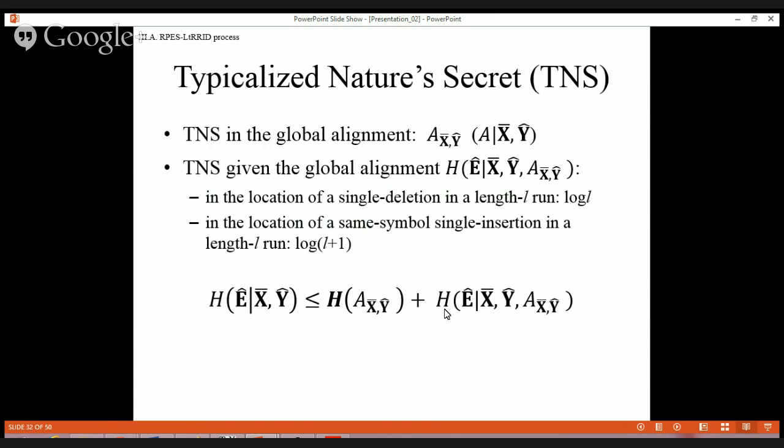The second term is H of E hat given X, Y hat and the alignment A. So with the help of A, we will be able to align X and Y hat. And once we align X, Y hat, the nature's secret only lies in the locations of single deletions in length L runs, which would be log L, and the location of a single insertion in length L runs, which is given by log L plus 1.